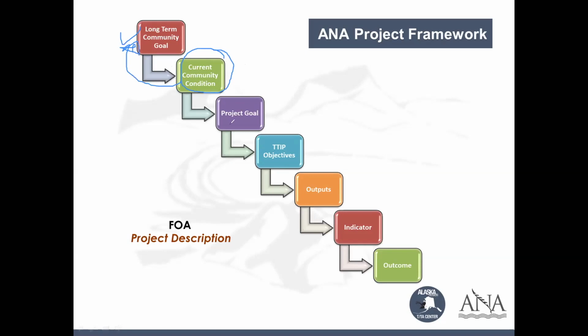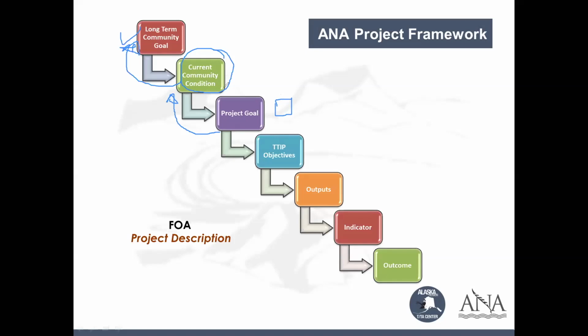The project goal is linked to taking one small step to solving the community condition to reach that long-term community goal. Remember, this is a project. It's small, a little thimble size of time and money. So you may not solve this entire community condition.